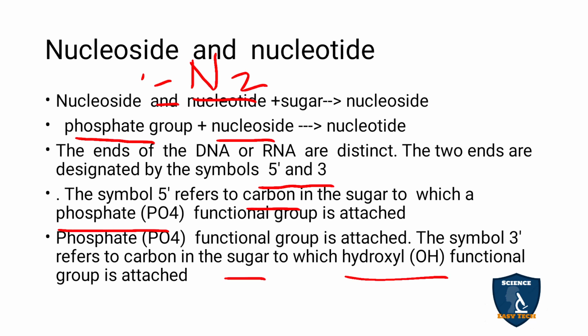Okay, so remember they are distinct with the symbols 3' and 5'. 5' means the sugar is attached with the phosphate group, and 3' means the sugar is attached to the hydroxyl. Hydroxyl means OH group.